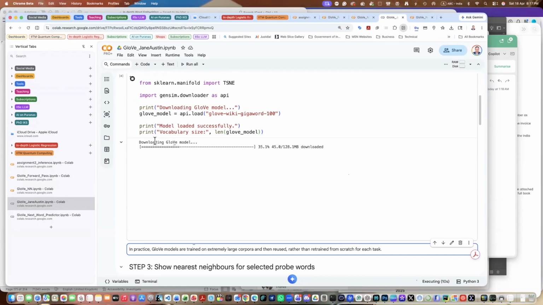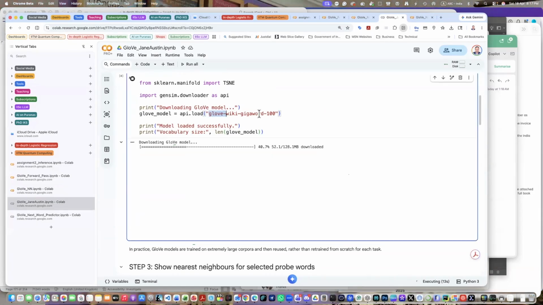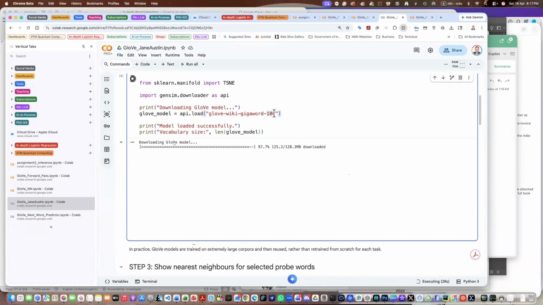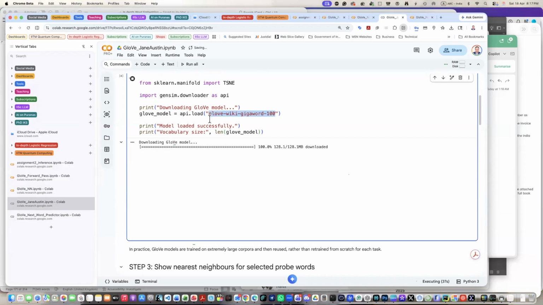Instead, I am taking the model which has already been created, and this has got a huge amount of data. GloVe requires a huge amount of data. That is one of the problems also. Based on a huge amount of data, it has made these embeddings, and I will just use these embeddings and check whether the machine is able to make meaning within the words and the language which I'm trying to learn with him.